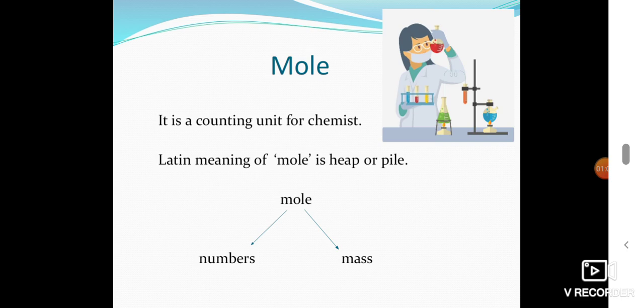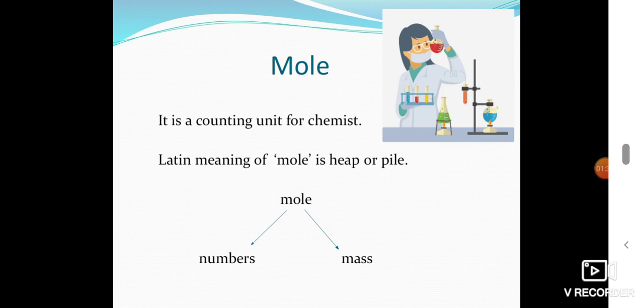Milliliter, ml. Like that, chemists prepare the solution by using the unit mole. Chemists prepare 1 molar solution, 2 molar solution, 1 mole of substance. Like that, the unit is used by chemists.